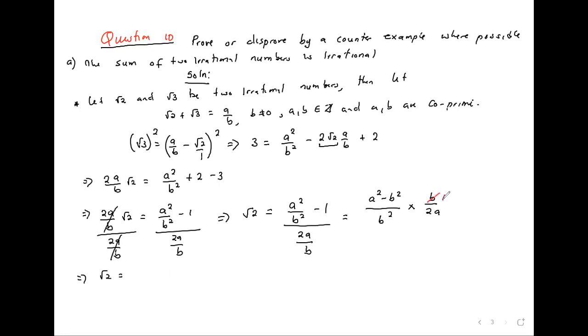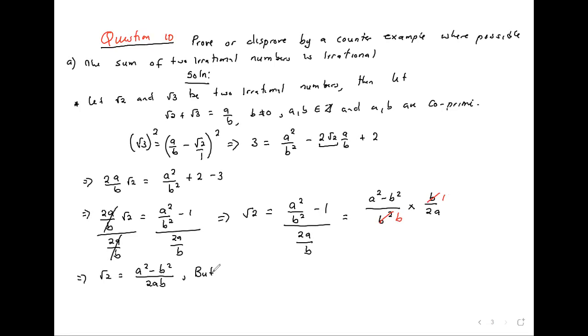So b here 1, b here will get b. So we'll have a squared minus b squared over 2ab.